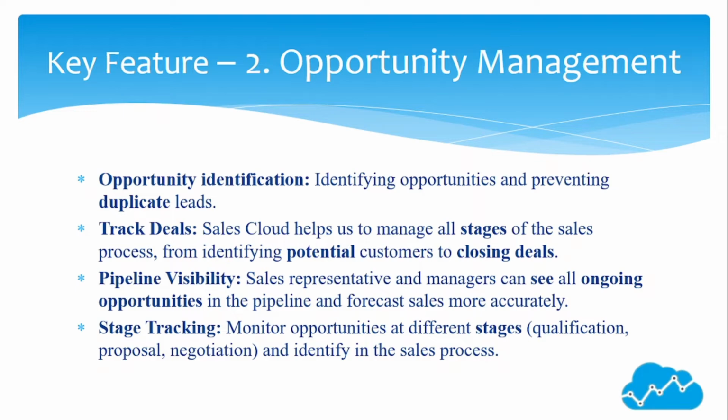Pipeline visibility: sales representatives and managers can see all ongoing opportunities in the pipeline and forecast sales more accurately. Stage tracking: monitor opportunities at different stages like qualification, proposal, negotiation, and identify in the sales process.